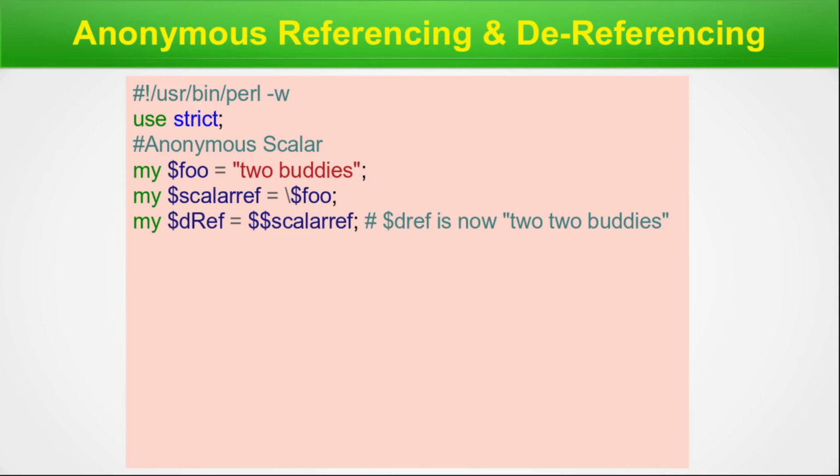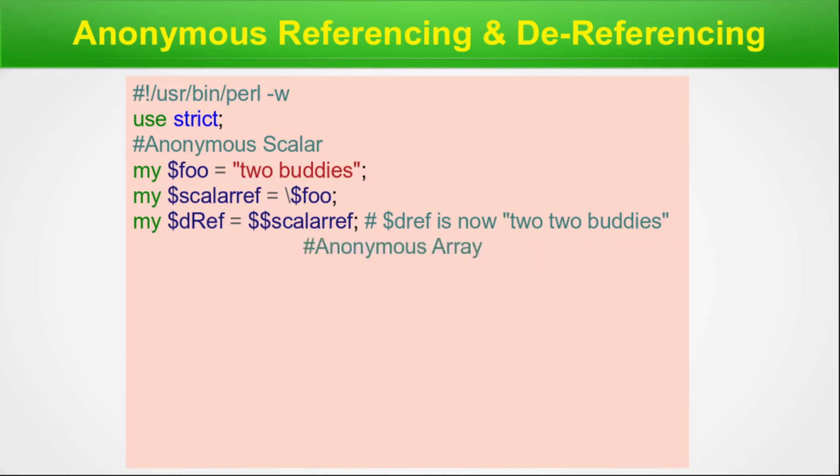So this $dereference now contains "two buddies". There is a small typo here because 2 came twice in the comment. Sorry for the typo.